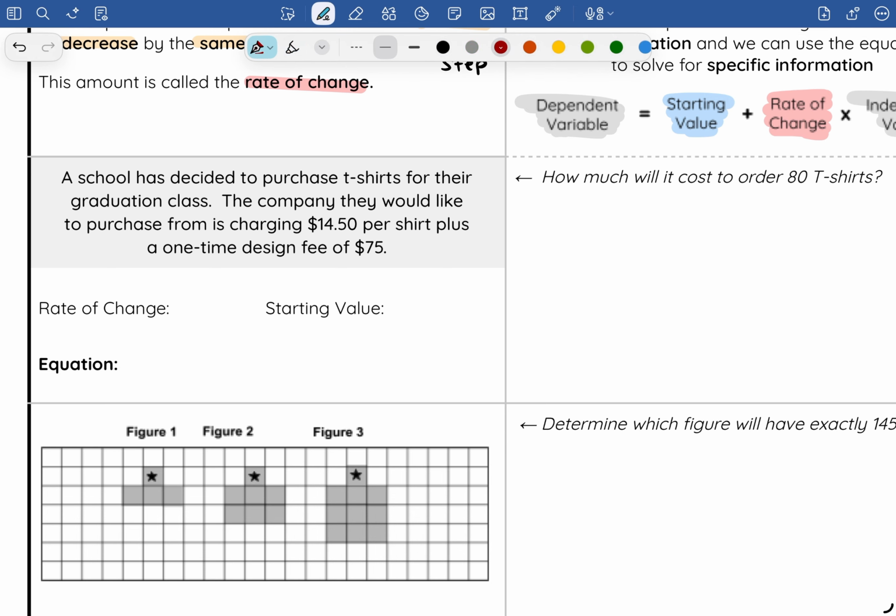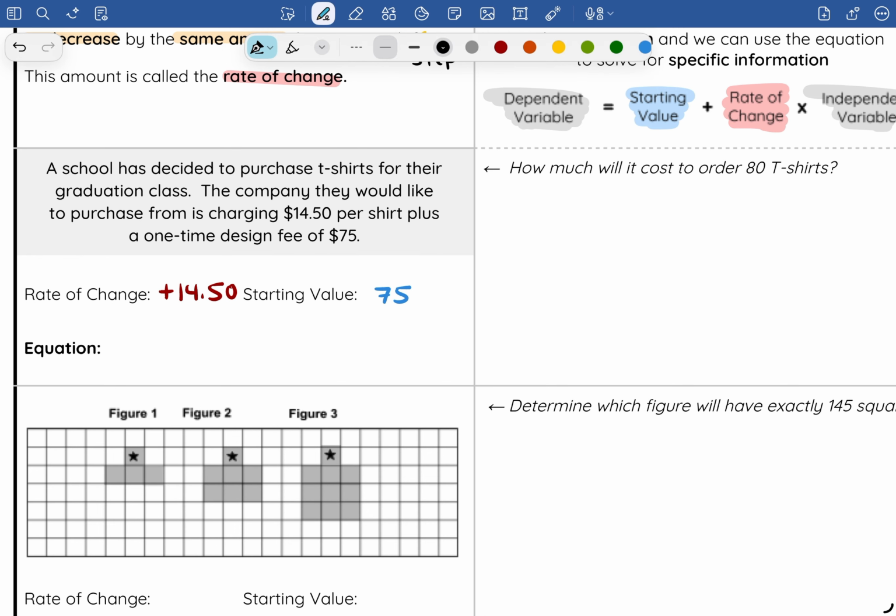We're not saying like if it's a blue shirt, it's $15, but if it's a red shirt, it's $12. I don't know. We're just saying our rate of change is plus $14.50 for every shirt. Our starting value is the one-time design fee. So this only gets charged once just to design the logo of whatever's happening. So that's $75.